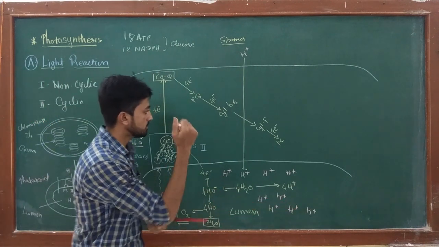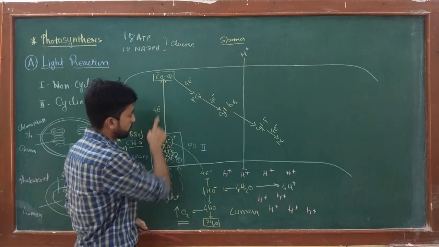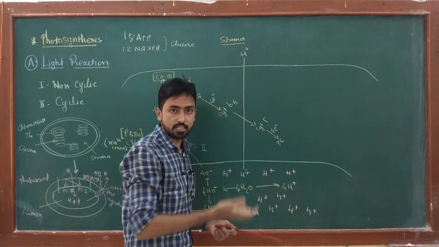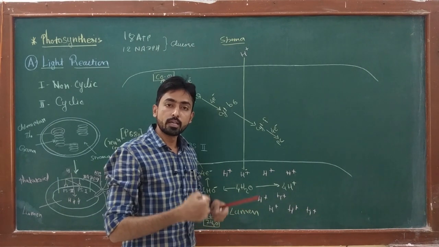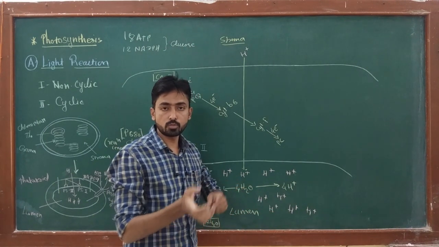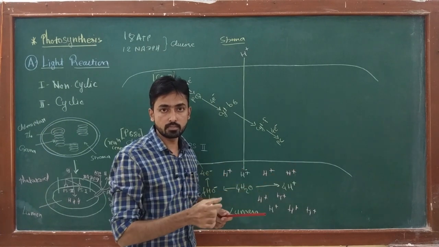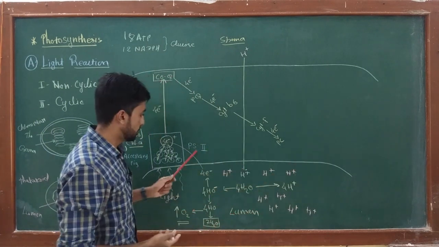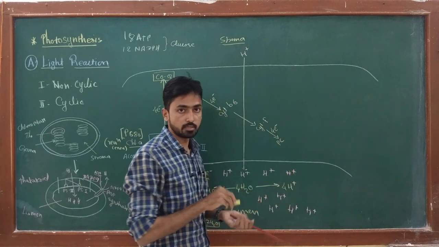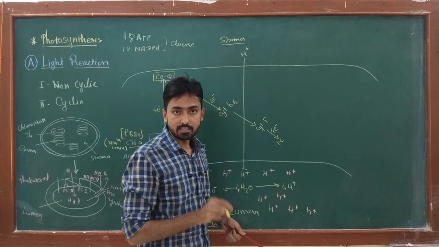Okay, now once the electron is transferred from photosystem 2 to plastocyanin, the electron gets de-energized. Someone again has to give energy to that electron and transfer it from ground state to excited state, and this work is done by another photosystem which is present somewhere here, photosystem 1 or P700.